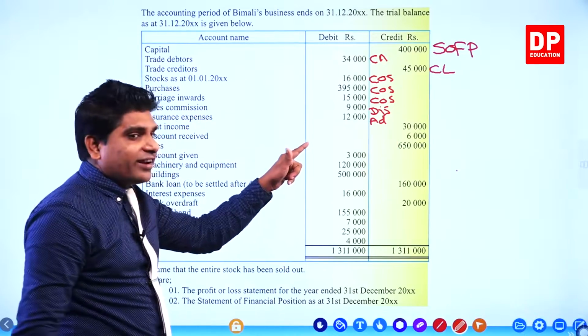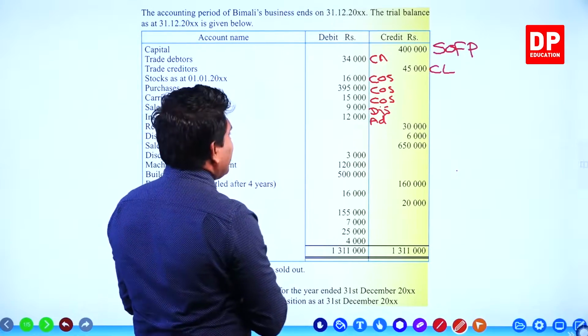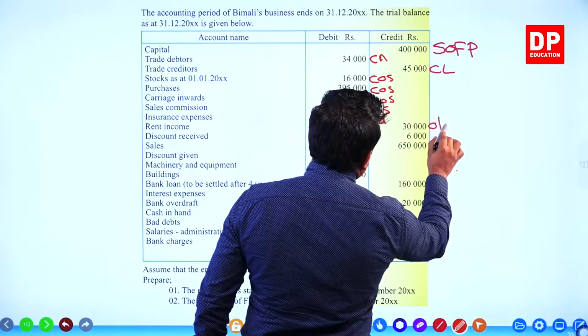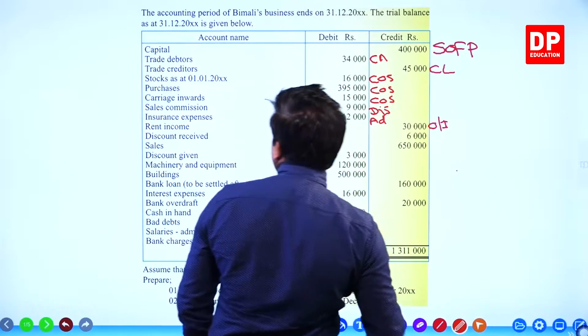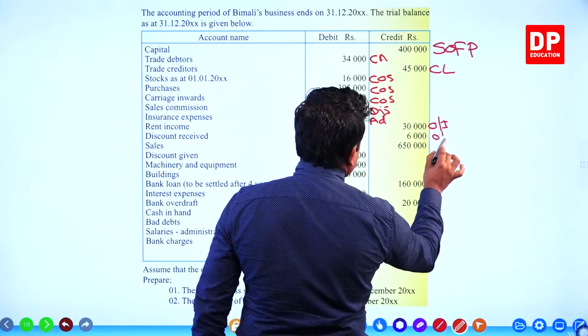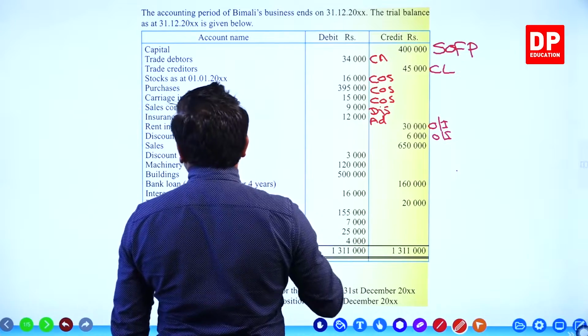You put AD, right? Then rent income, where? Other income, right? Under the gross profit. Discount received also other income.